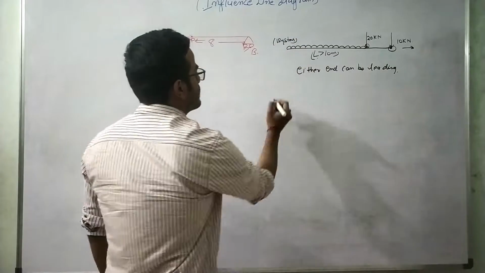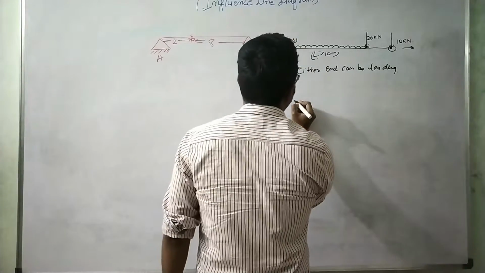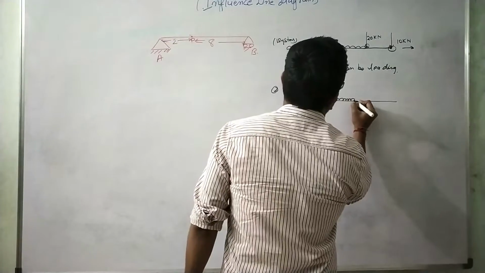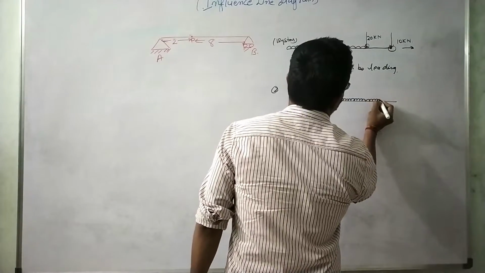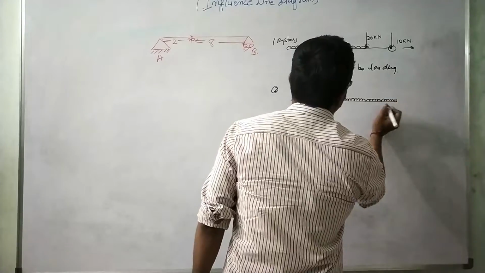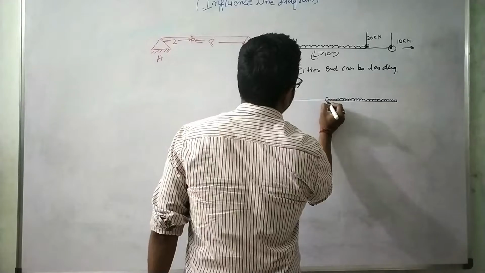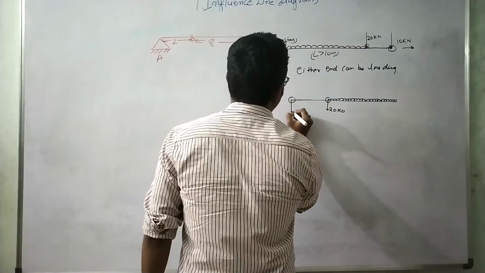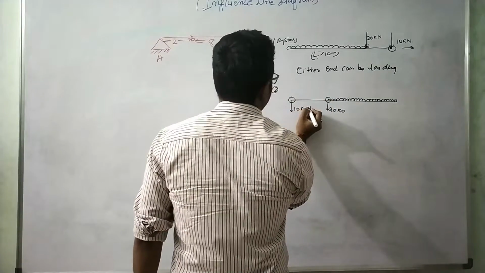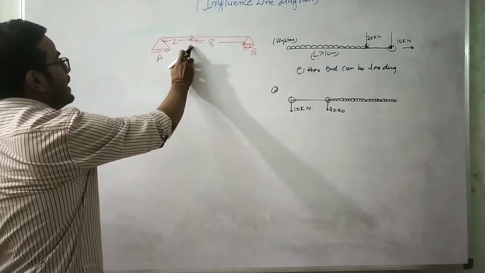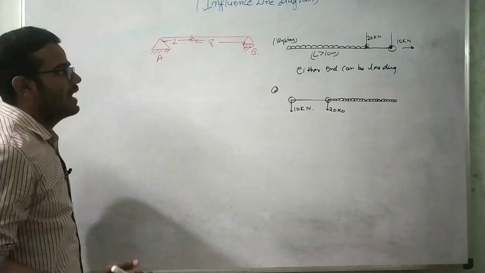Okay, so the second system will include, in the second system the loads will act like this. Here a 120 kilonewton load at this point, and here a 110 kilonewton load at this point. So this is the two load system for which we need to find the maximum bending moment at point P. Either end can be leading.